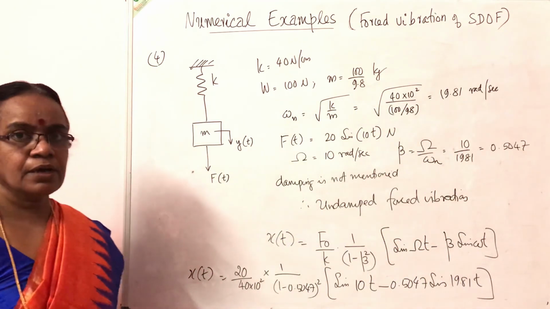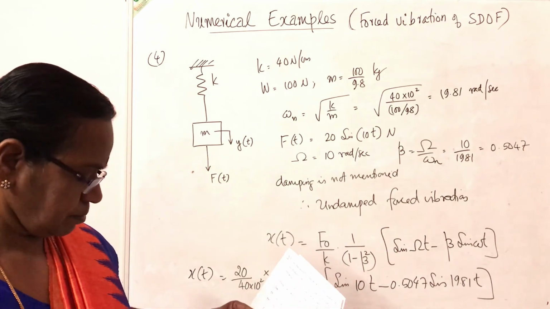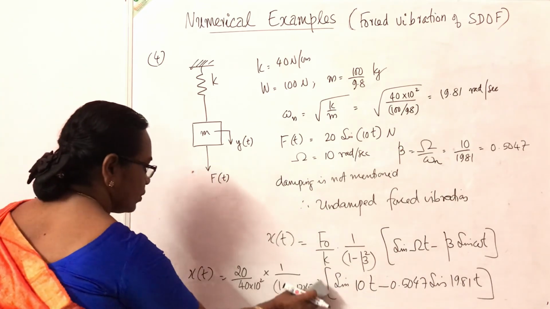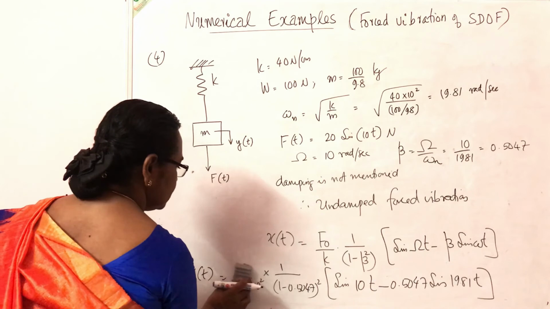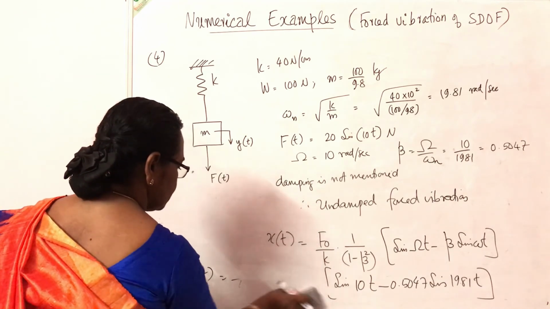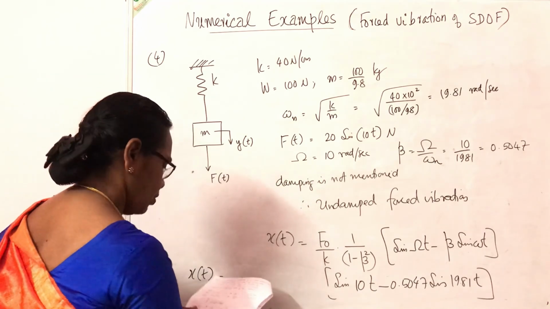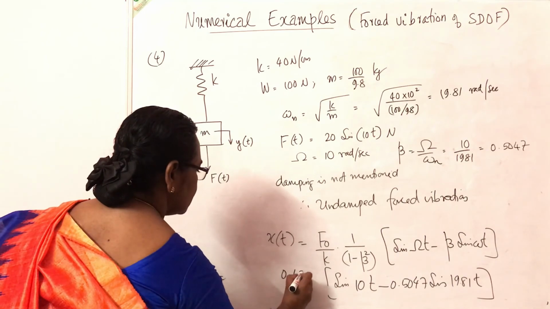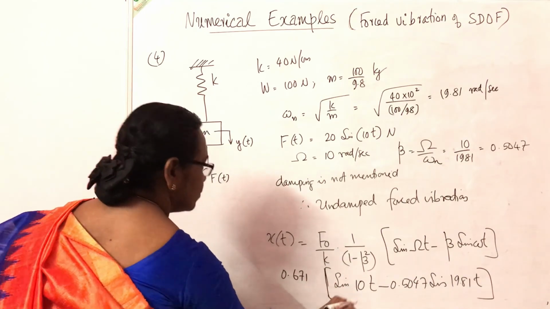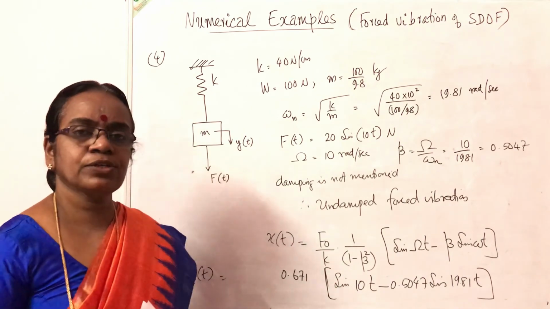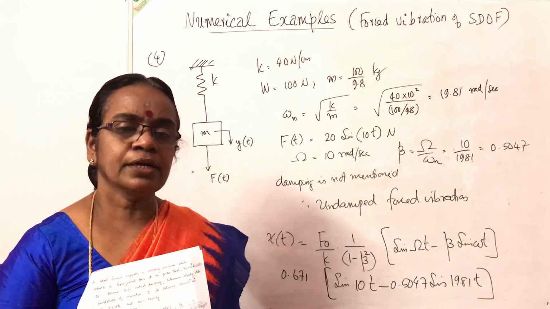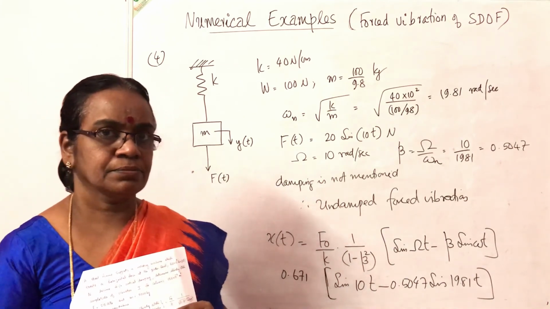So this is the expression for resulting motion, and once you do this calculation, this will work out to 0.671. So this is the equation of response for an undamped forced vibration.